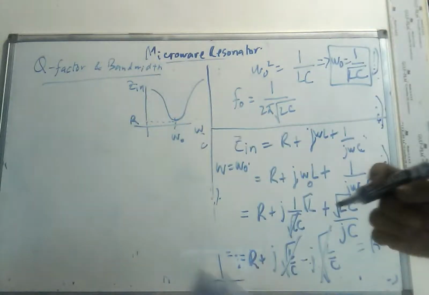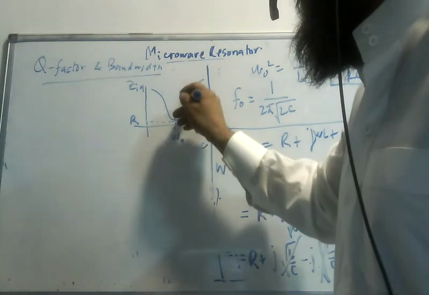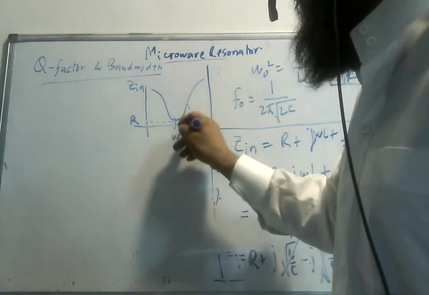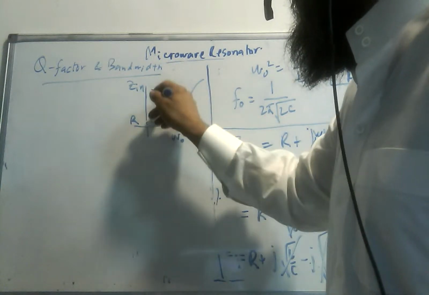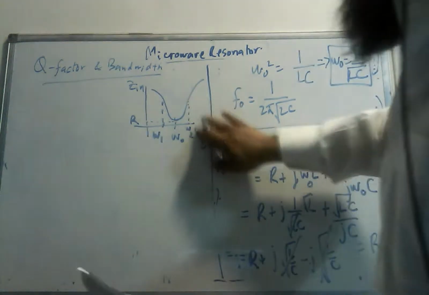And how do we calculate it? We calculate it by calculating these two frequencies, omega 2 and omega 1. Now what are these frequencies?